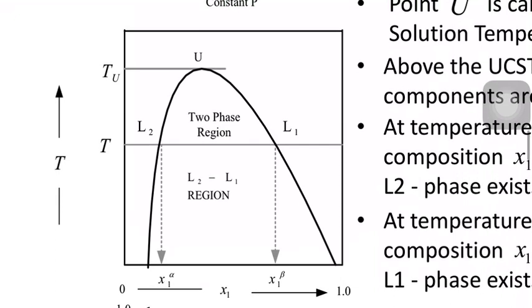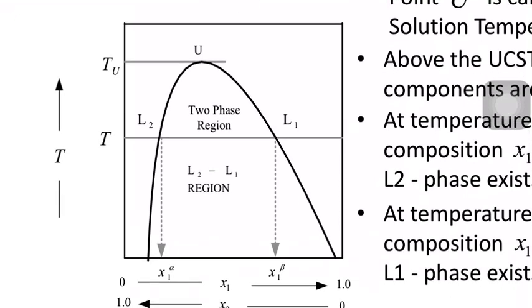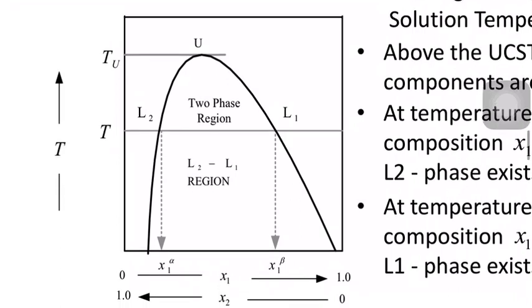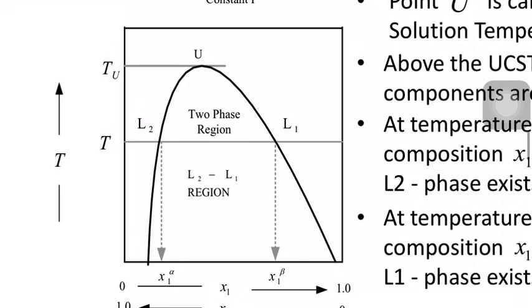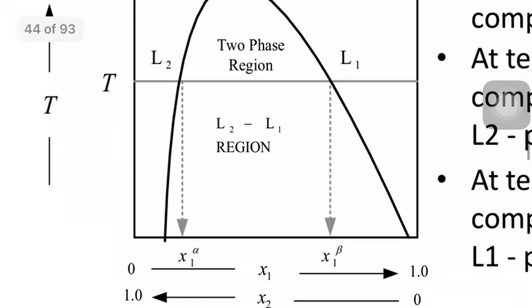An example is different alcohols and water. If the number of carbons is small, it means the organic side of the alcohol is small. In this case we have fully miscible systems, for example, methanol and water.